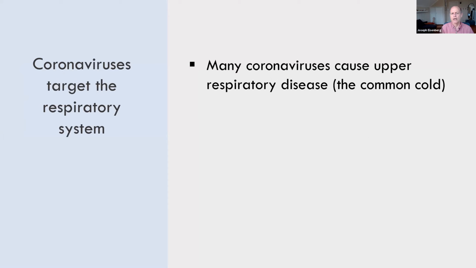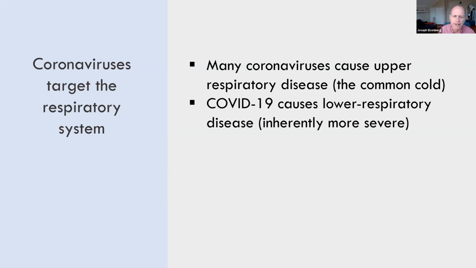So just to start off, coronaviruses are respiratory transmitted. They target the respiratory system. Most of the coronaviruses that are endemic cause what we call the common cold and focus and target the upper respiratory system.